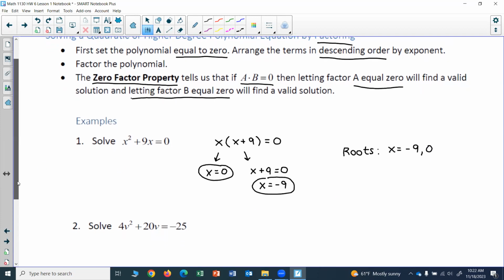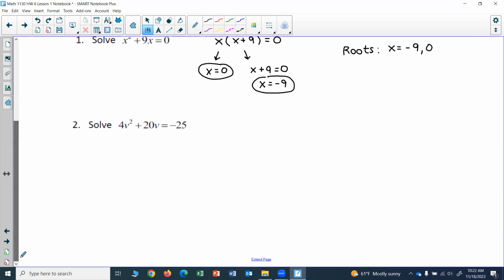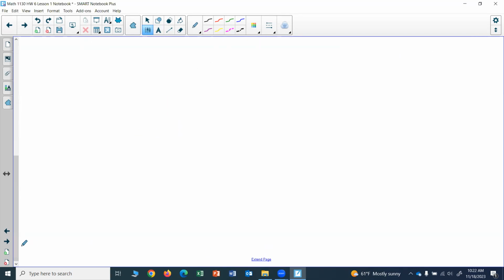Sometimes the factoring is a little more difficult, but the process is going to be the same. So let's look at example 2 here. I want to solve 4v squared plus 20v equals -25. The first thing I notice is that my equation is not equal to 0. So I need to go ahead and set it equal to 0. I'm going to add 25 to both sides.